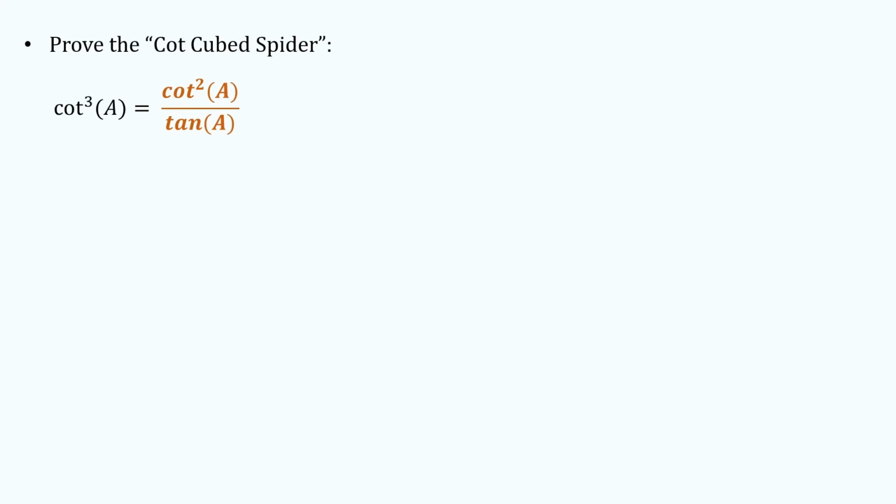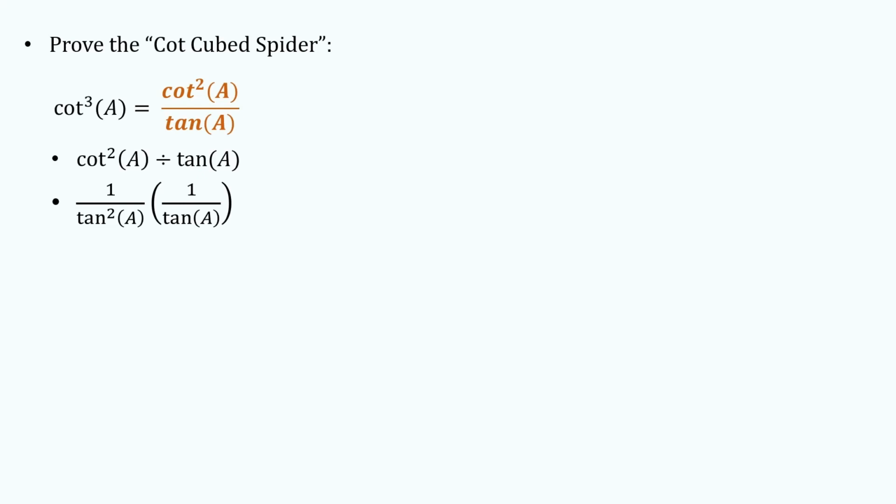Now, the square of the cotangent of A divided by the tangent of A. Using division of fractions, we're going to multiply the first term by the reciprocal of the second term. Because the first term, the square of the cotangent of A, is equal to the reciprocal of the square of tan, which is equal to 1 over the square of tan A, we're going to use it for brevity.